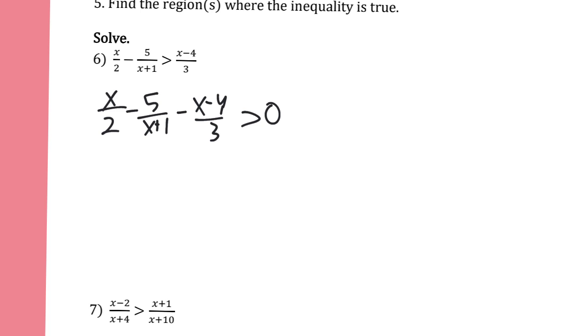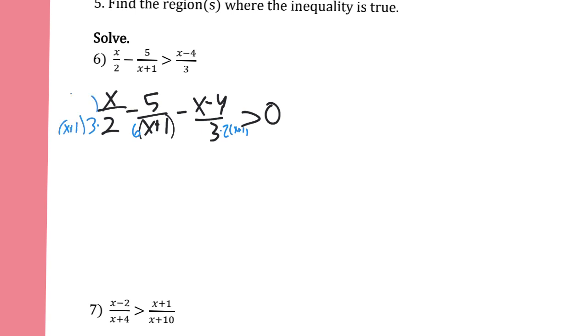Okay, so for our common denominator, I spy a 2, a 3, and an x plus 1. We're going to need all those factors, and we're going to use that as our common denominator. So I'm going to have to multiply this last fraction by 2 and x plus 1. I'm going to multiply the middle one by 6, and I'm going to multiply the first one by 3 and x plus 1.